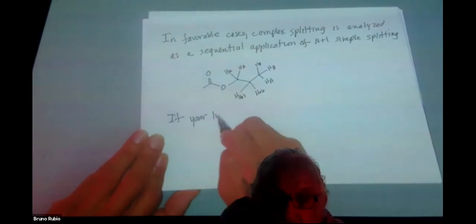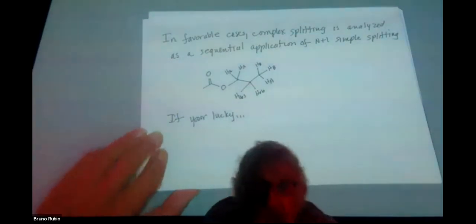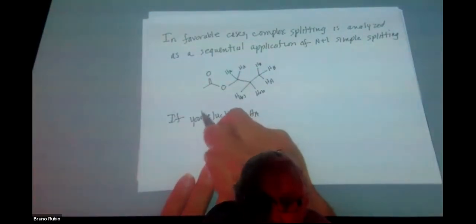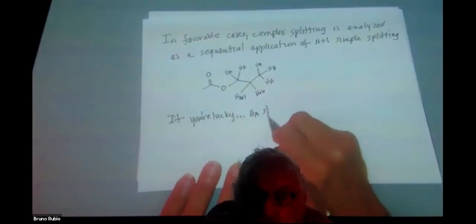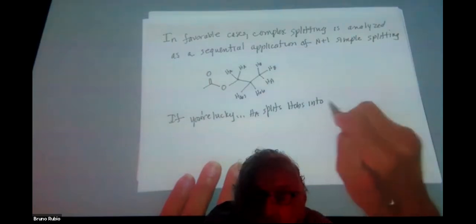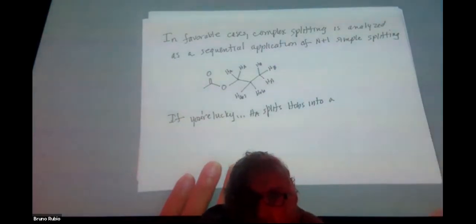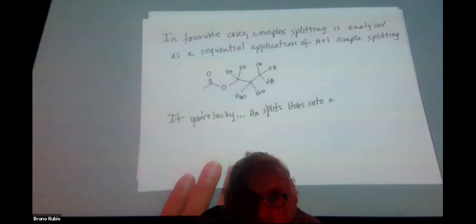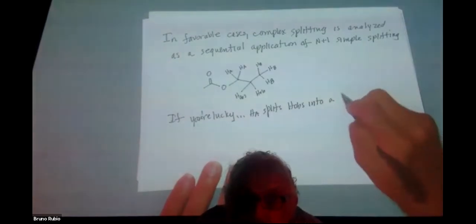If you're lucky, the HA splits H observed into a what? Forget about HB for now. Just look at HA. The H observed is going to be split by HA into a what? Anybody out there? The H observed is split by the HA into a triplet.